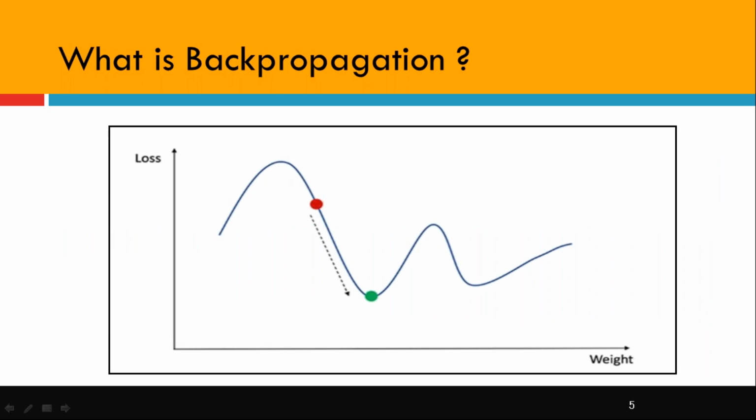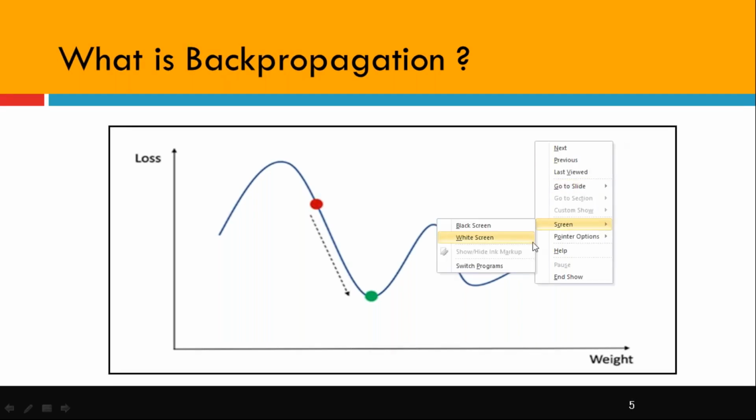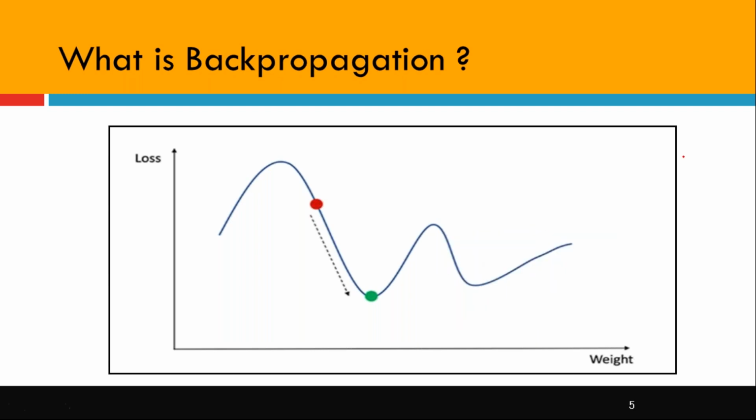Once we have the derivative of the loss function with respect to the weights, we can adjust the weights accordingly. We need to know the gradient of the slope. Why do we need to know it? The gradient of the slope tells us the direction we need to move towards the minima.